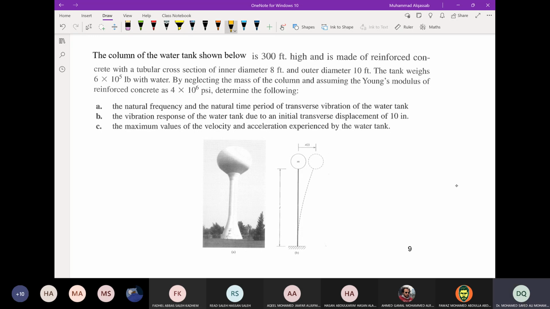This is the actual system, modeled as a cantilever beam with mass.